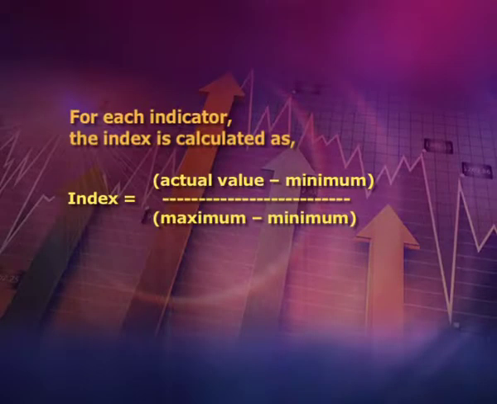For each indicator, the index is calculated as actual value minus minimum value upon maximum value minus minimum value. Minimum values for each of these are based on the worst performance found in the world for a particular year. Any country's actual performance is then taken as the actual value. The average index of all the 3 indices is worked out and placed on a scale between 0 and 1.